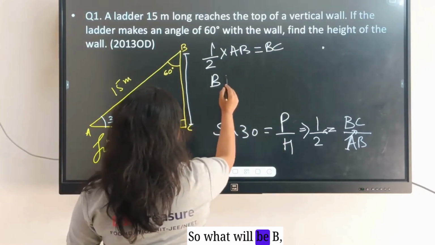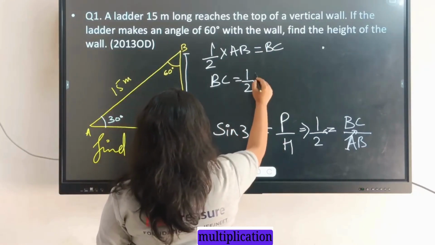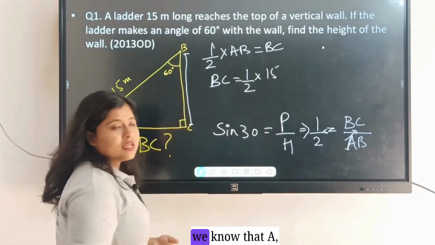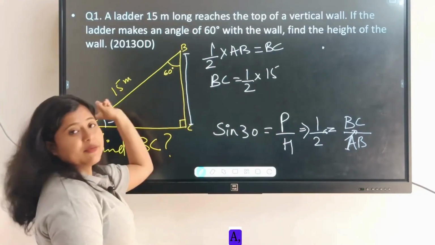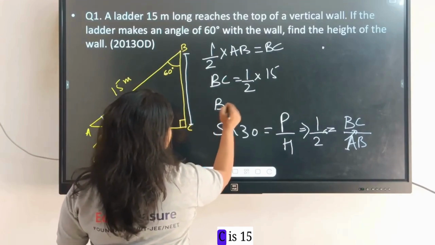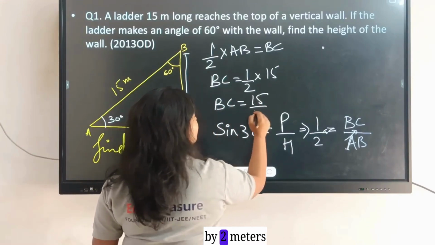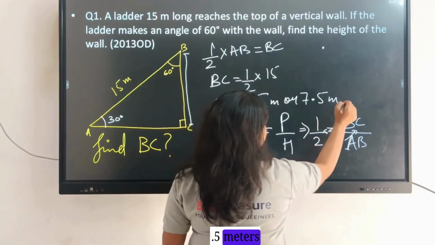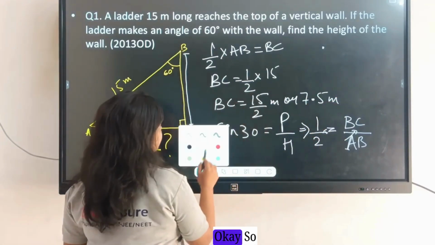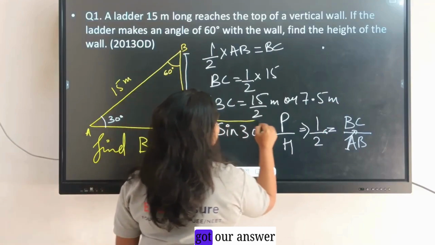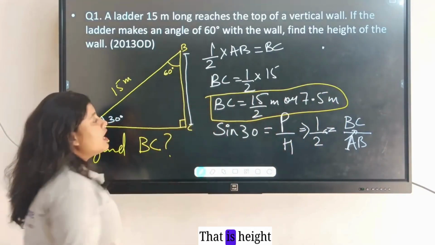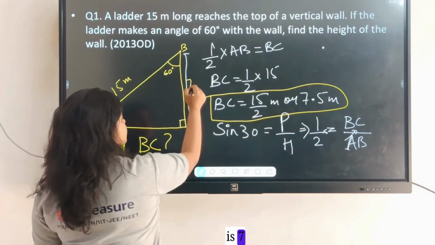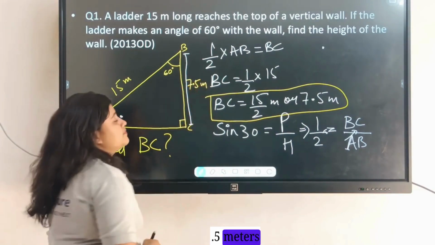BC will be half multiplied by 15, because AB is 15 given. So BC is 15 by 2 meters or 7.5 meters. So here we got our answer: the height of the wall is 7.5 meter.